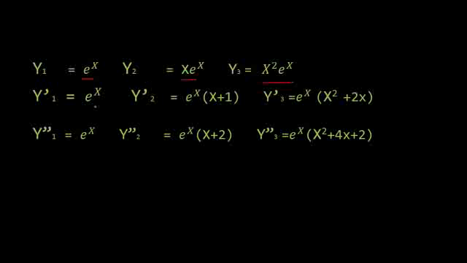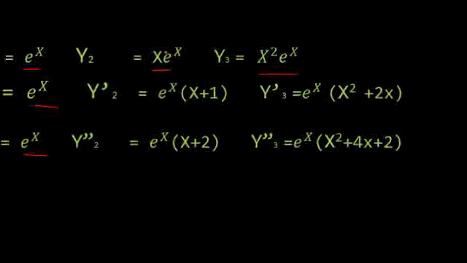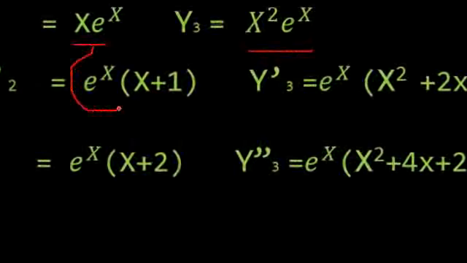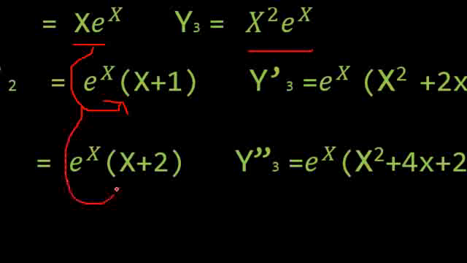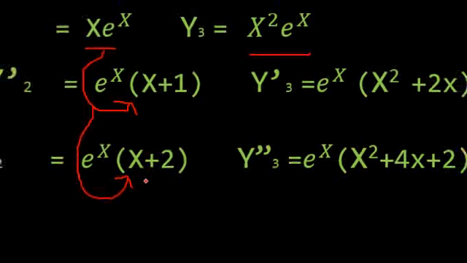This is our y1, this is our y2, this is our y3. After you differentiate e^x and simplify, this is our resultant. After differentiating this again and simplifying, we find that this is our resultant.